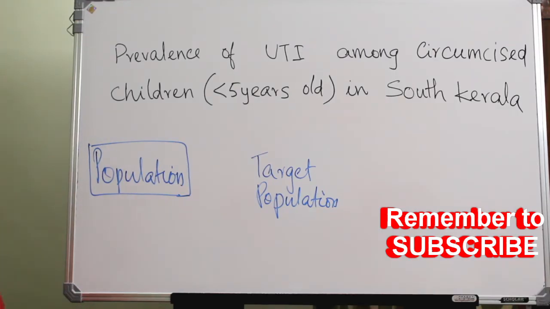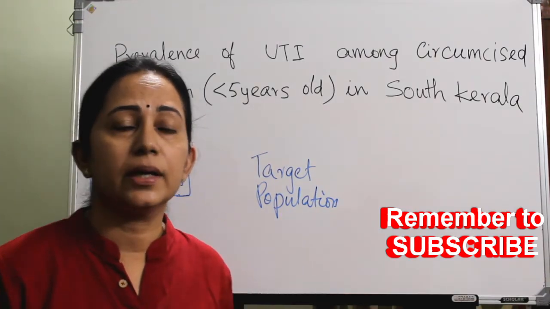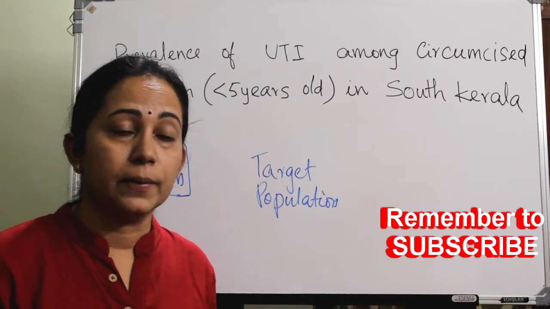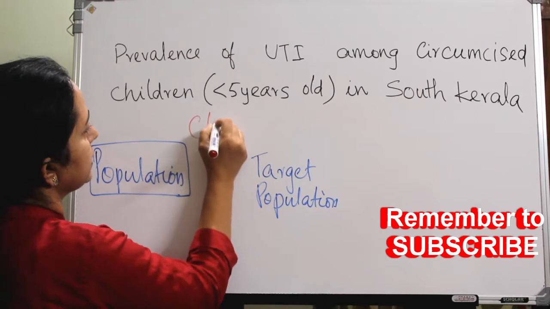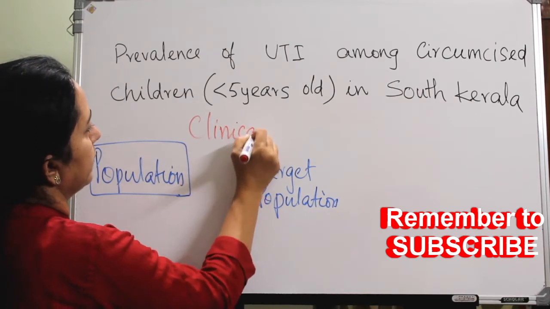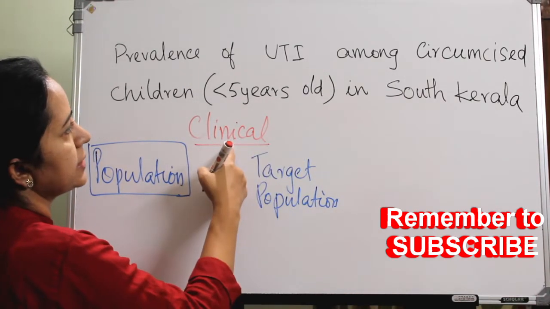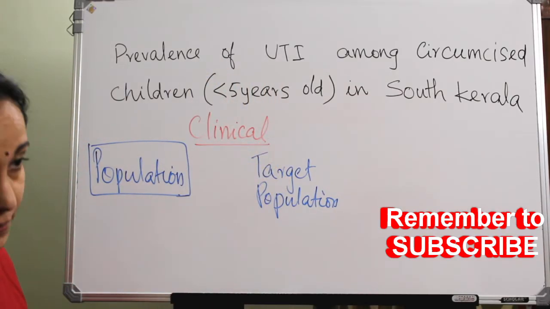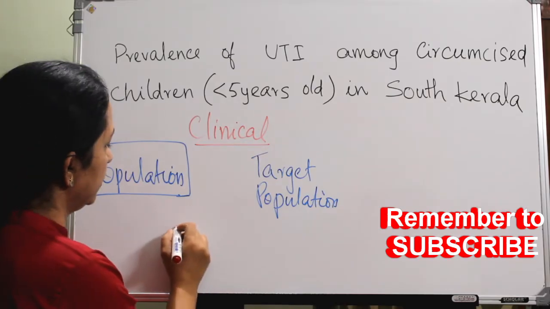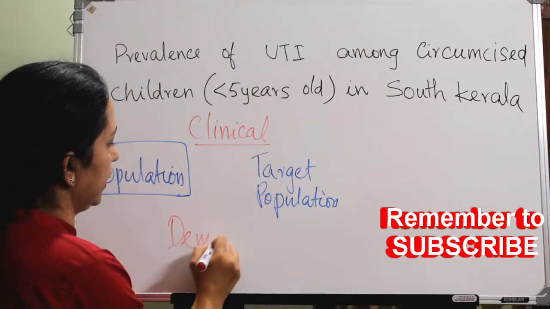What is this target population? The target population includes the demographic and also clinical characters. What are the clinical characters here? Children with urinary tract infection and also circumcised. And also there should be demographic characters.